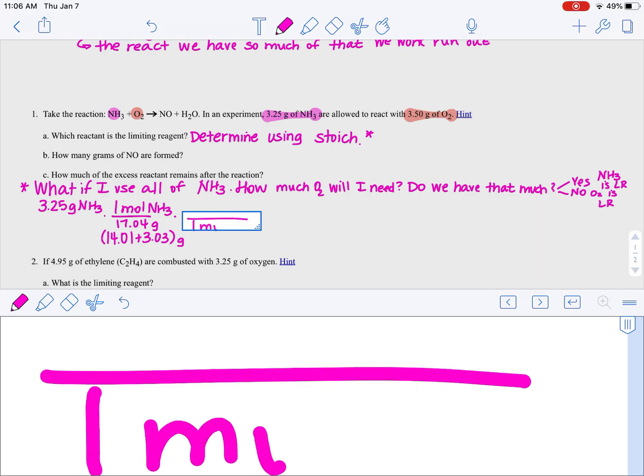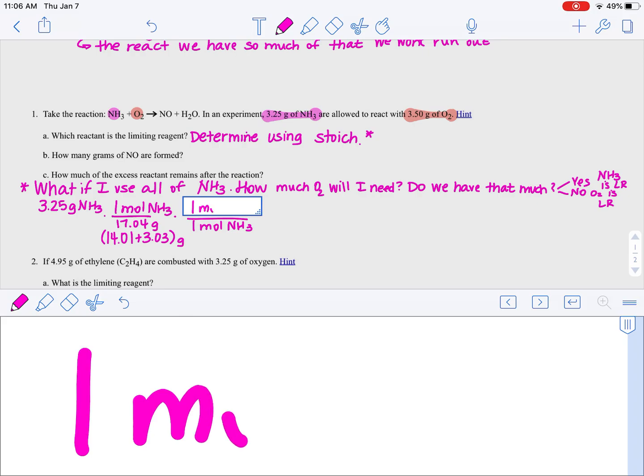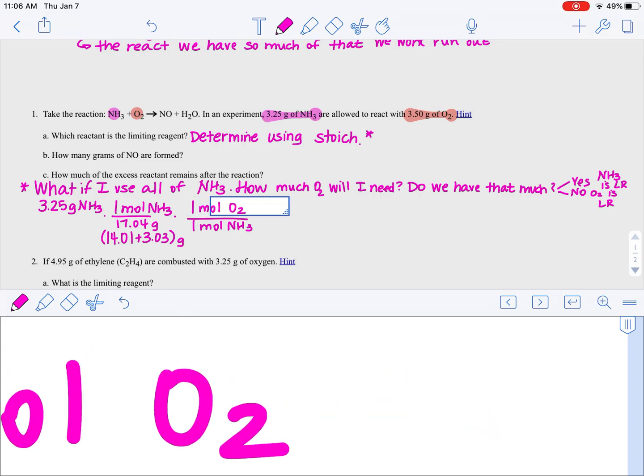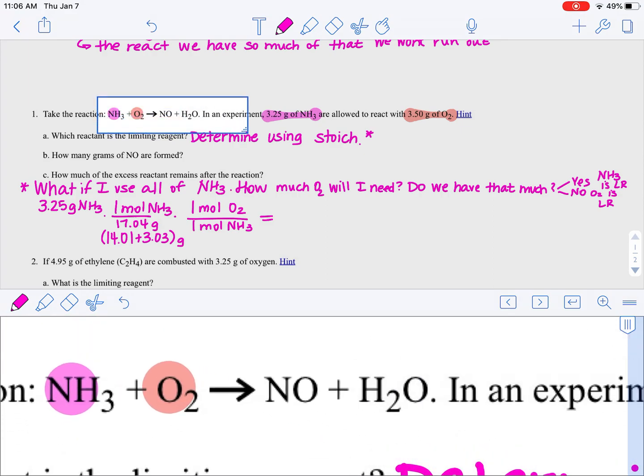Then I want to convert moles of ammonia into moles of oxygen according to the balanced chemical reaction, and I did double check that the chemical reaction was balanced. Oh, no, I didn't. Let me double check this. There's one N, 3 H's, 2 H's.